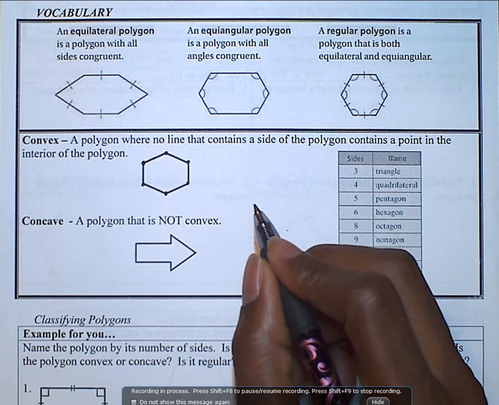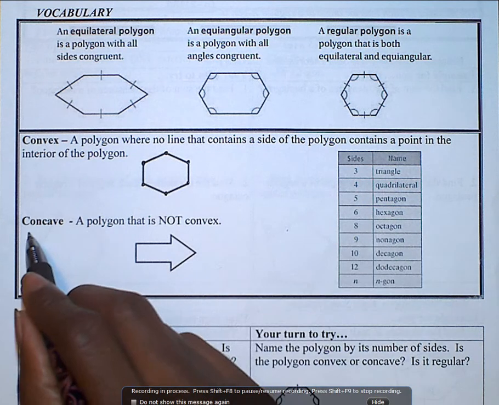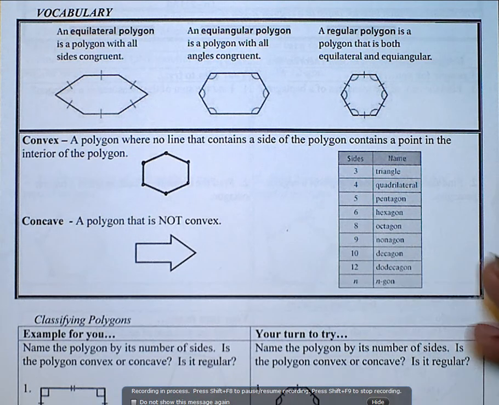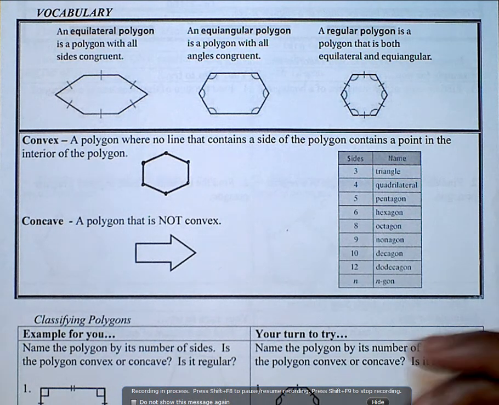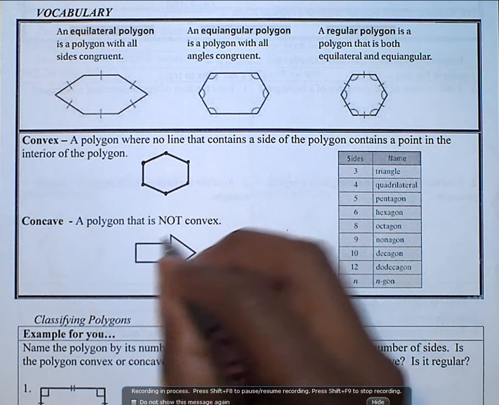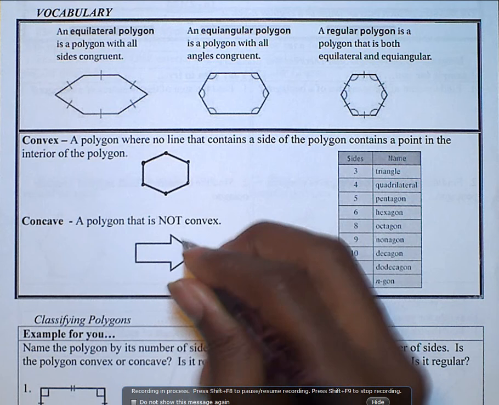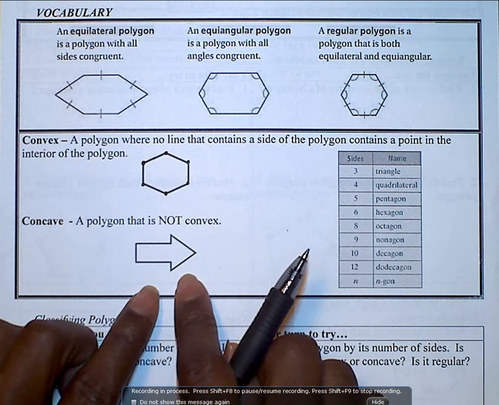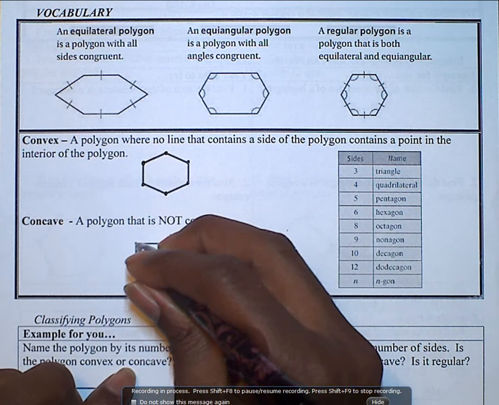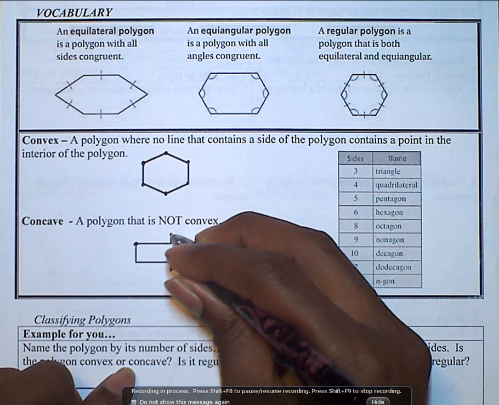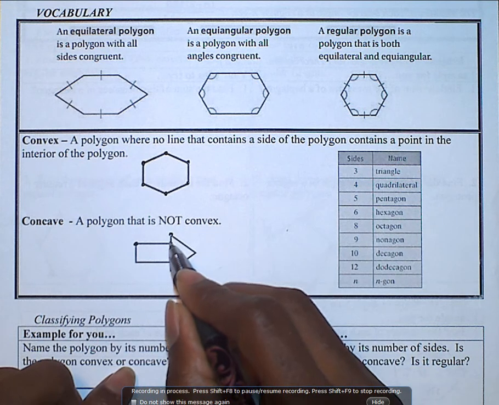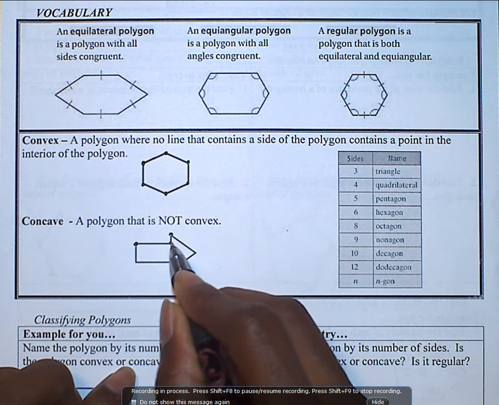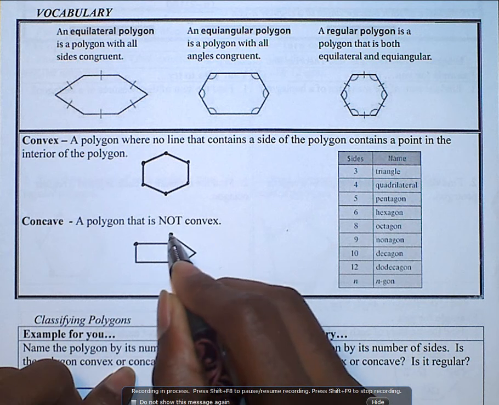Now, a concave polygon is just a polygon that's not convex. What you can see is that a side is kind of caved in. If you look at this polygon, this is a polygon. Okay, all of its sides are connected and closed, but it's concave, and you can see that if we look at these points, this vertex will be considered inside.